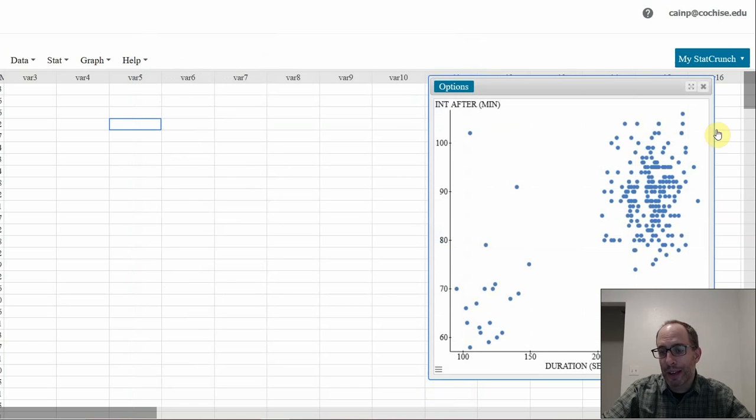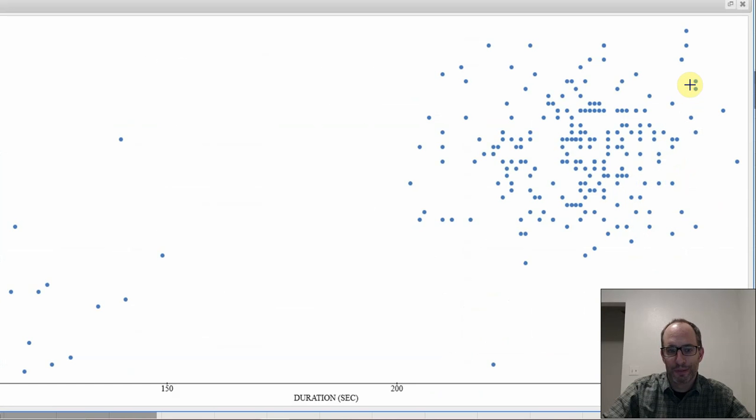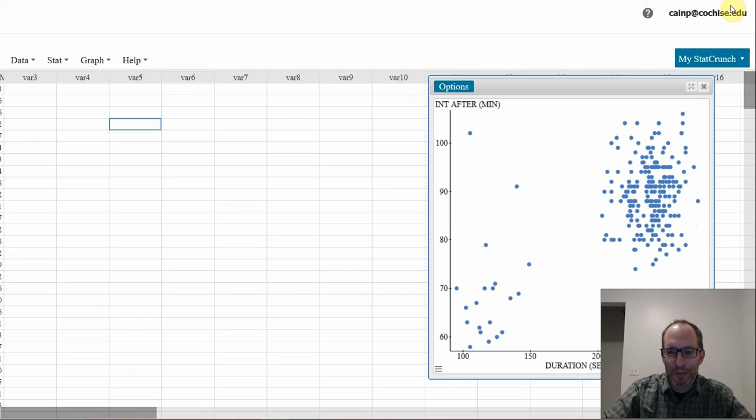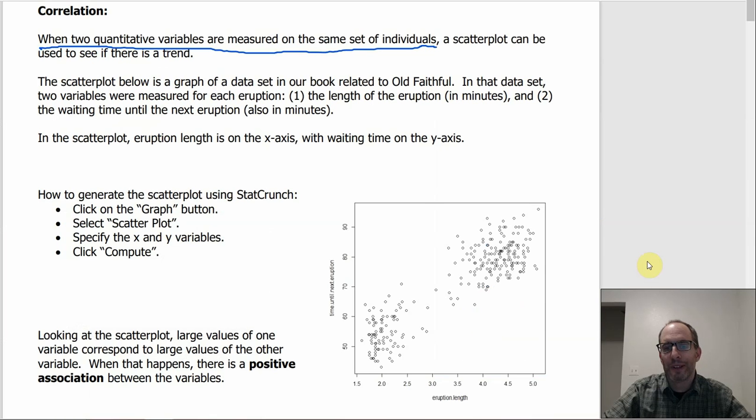There, looks like that. You can have a bigger one if you expand the window, although then the scaling gets kind of weird, so it might be better to leave it as a square. It's the same scatter plot as the one in the notes, although it uses filled-in circles instead of open circles, but same idea.